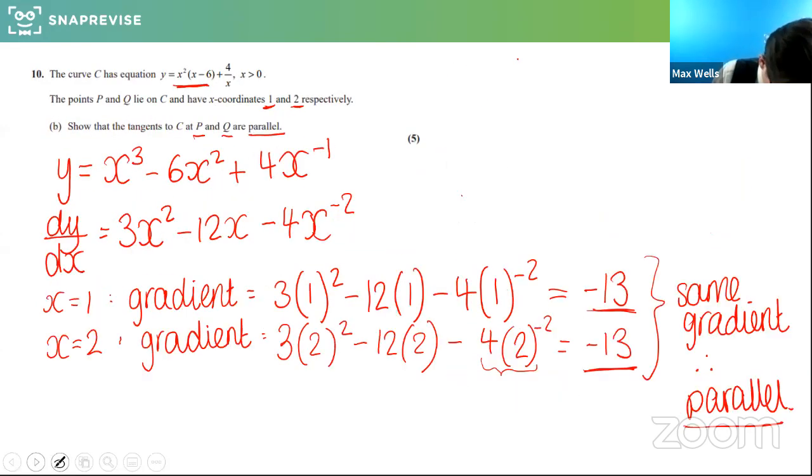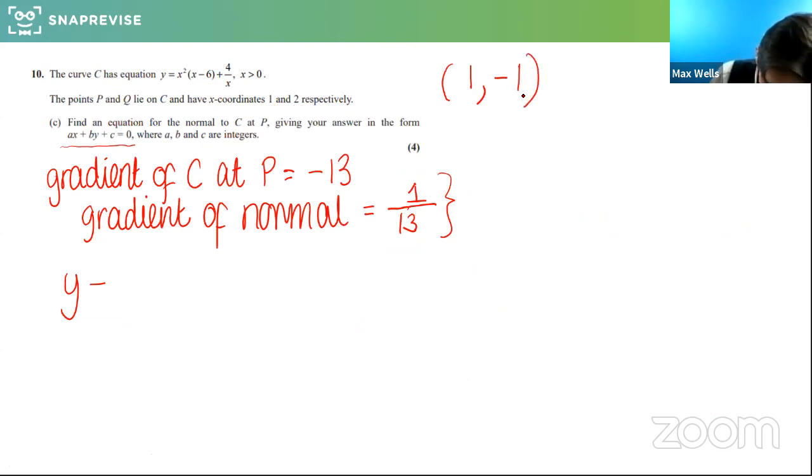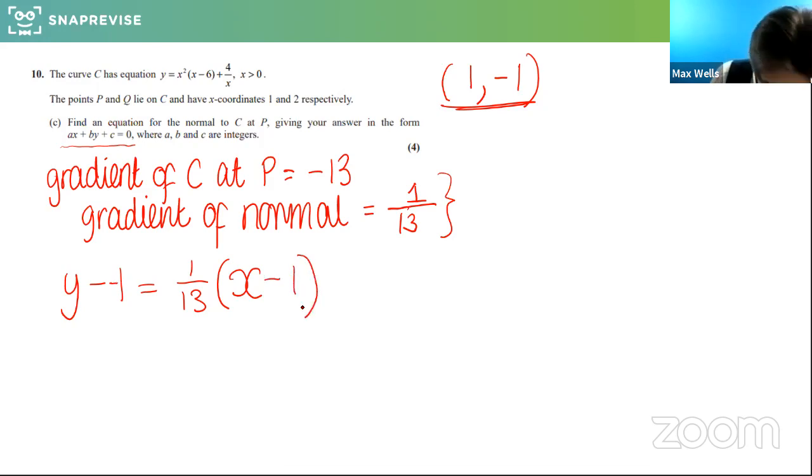It was 1, minus 1. There we go. So y minus y1 is equal to m, and then x minus x1. So that's minus 1. There we go.